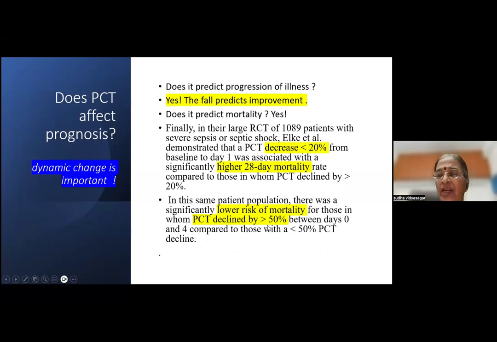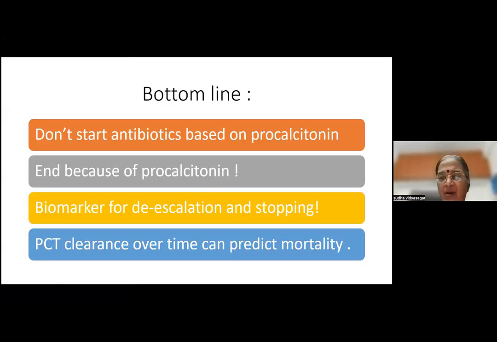And if it has not declined by more than 50% compared to day 0 and day 4, then again you have a problem. So what is important is the dynamic change. How much does the procal increase or decrease by on day 0, day 4, day 7, like that, will give a good idea of the prediction of the improvement or deterioration of the patient.